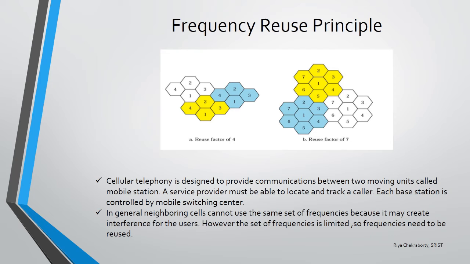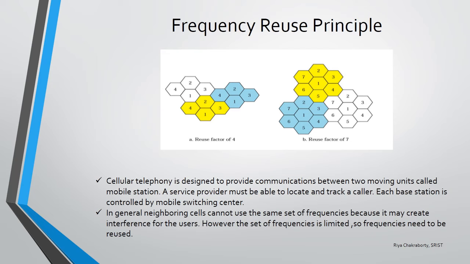A frequency reuse pattern is a configuration of, suppose, capital N cells, N being the reuse factor, in which each cell uses a unique set of frequencies. When the pattern is repeated, the frequencies can be reused. So, the cells with the same number in a pattern can use the same set of frequencies.